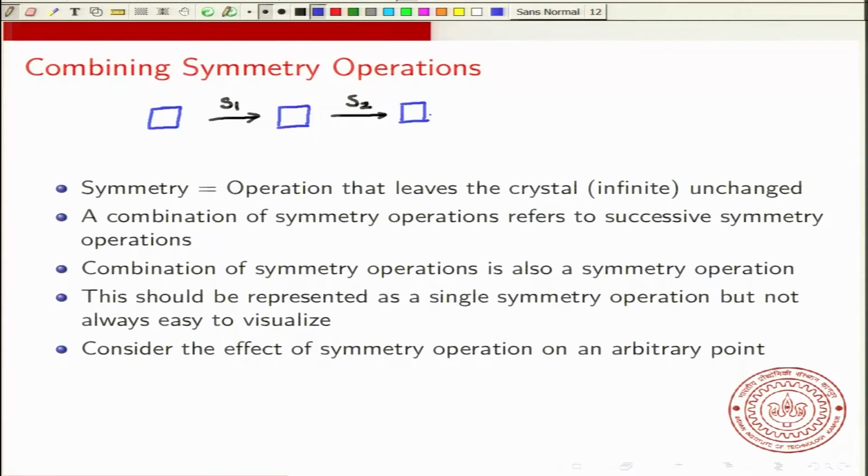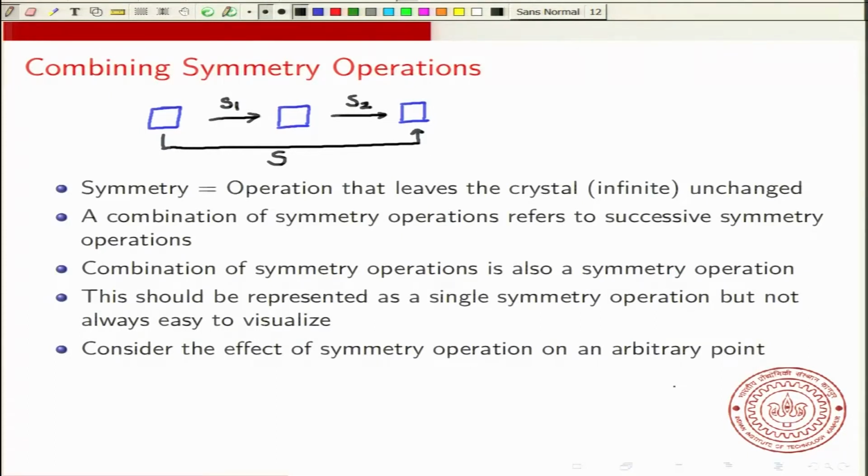Now, you did these two symmetry operations. Now, you can ask the question, can I do a single symmetry operation that corresponds to both these symmetry operations? Can I do a single symmetry operation? Clearly, to go from here to here, again you are leaving the crystal unchanged. So, it will be a single symmetry operation.